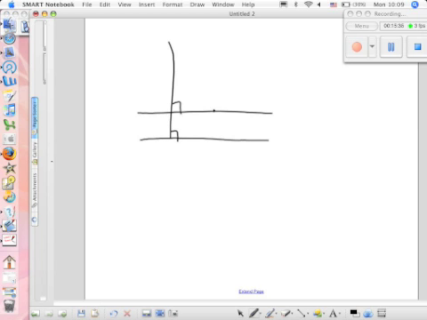Why? Because they'd have to be supplementary, not complementary, for the lines to be parallel. Number 4 says an obtuse triangle is always, sometimes, or never a right triangle. Never. An obtuse triangle cannot also have a right angle. You're way over the degree measure for a triangle.